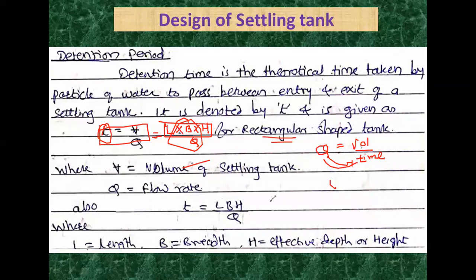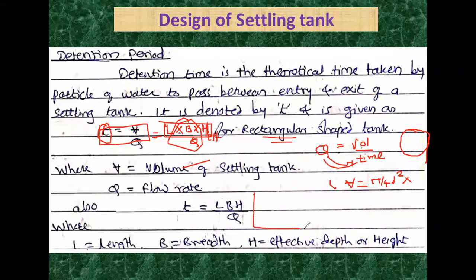And suppose if the tank is circular in section, in that case, what will be the volume? The volume will be equal to the cross section area or the surface area of the tank that is circular. We can write here pi by 4 into d square and the effective depth of the tank. Okay. So here, whenever we are talking about this H, this H is nothing but the effective depth, H effective, working depth.